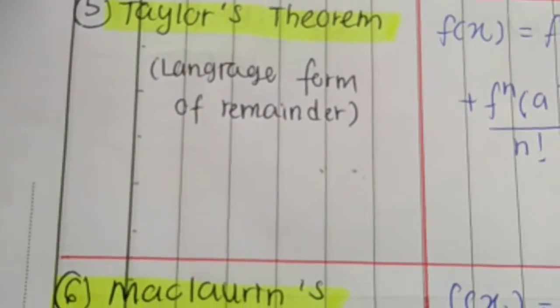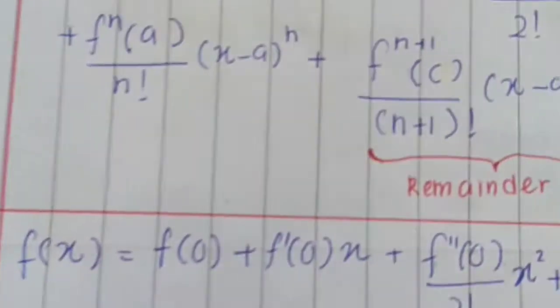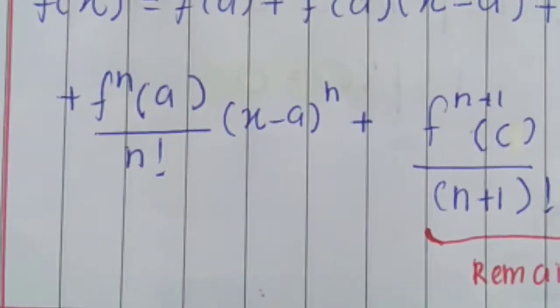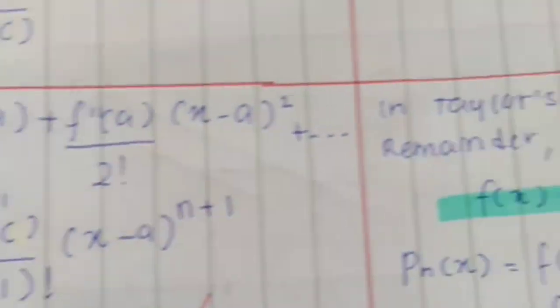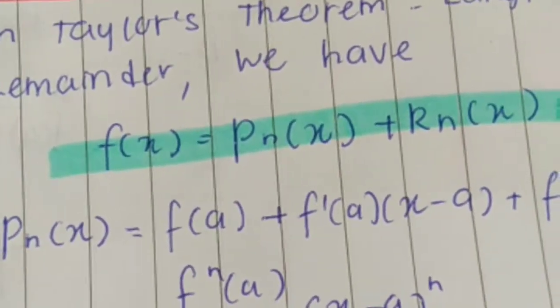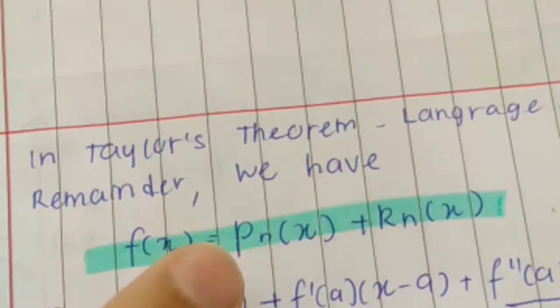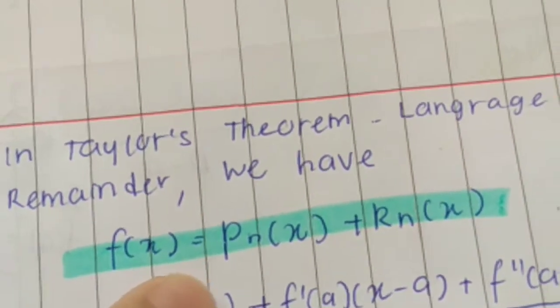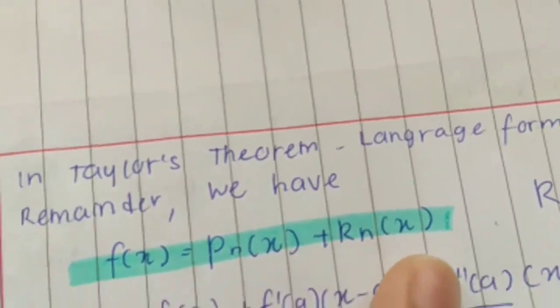So our next formula, the fifth formula, is Taylor's theorem. So this is the formula of f(x). Actually, for Taylor's theorem, the general formula is f(x) equals P_n(x) plus R_n(x), where P_n(x) is the polynomial of x plus the remainder R_n(x).